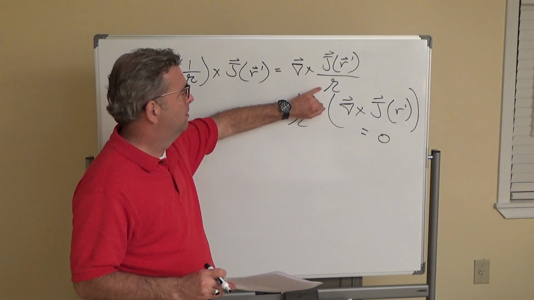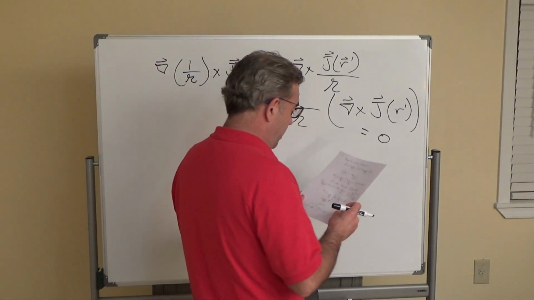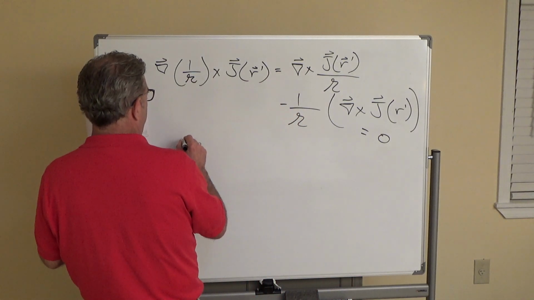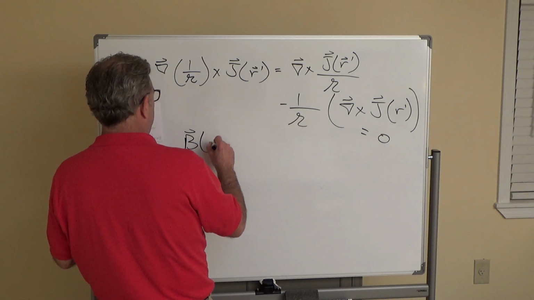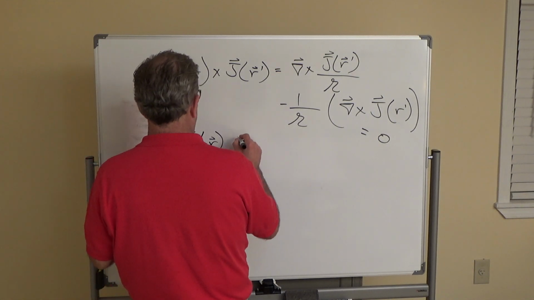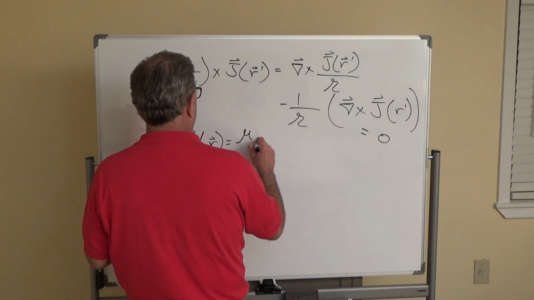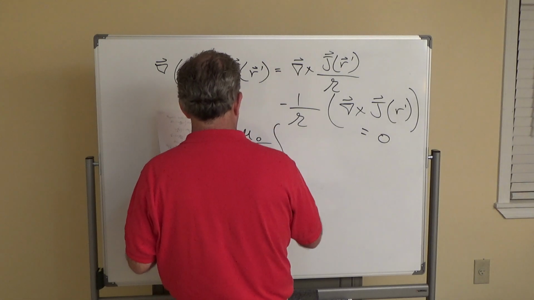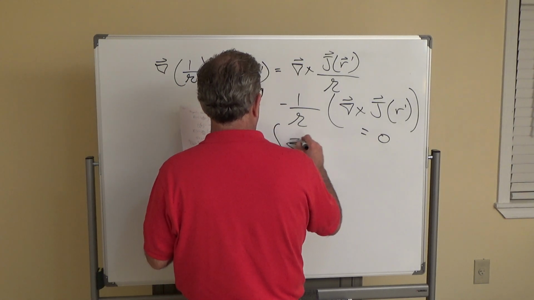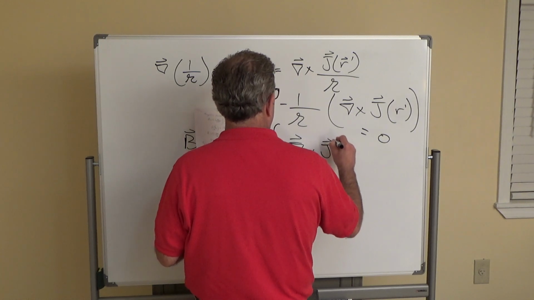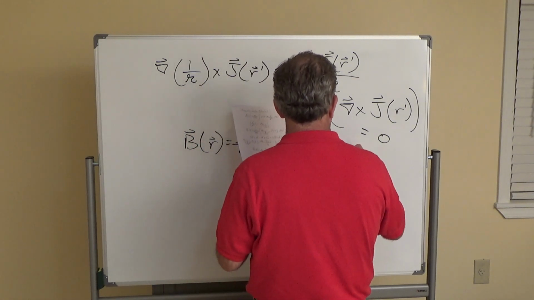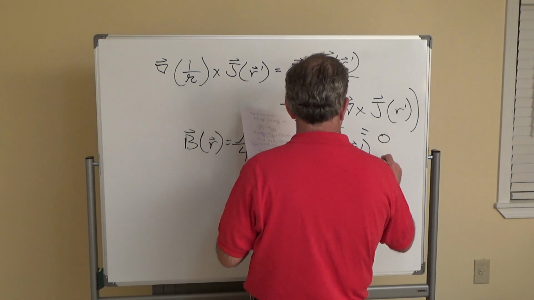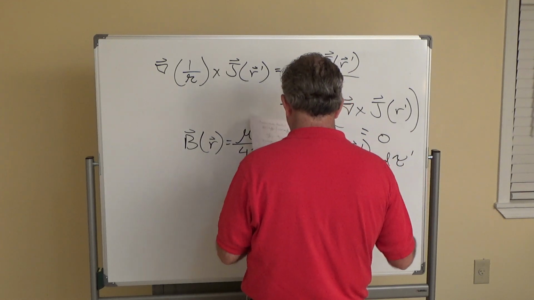This has arguments that depend on the field, okay? So we get that B of r is equal to the curl of the integral of J of r prime divided by script r d tau prime.